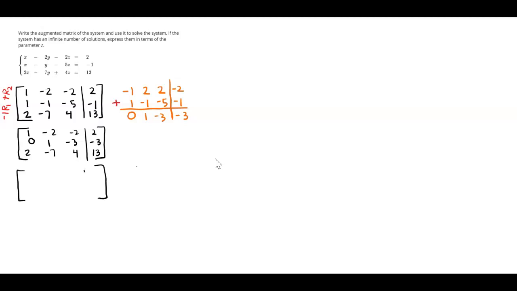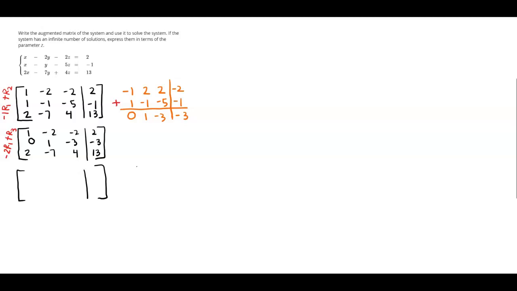All right, let's think about what I need to do here. So I'm going to take and multiply row 1 by a -2 so that when I add it to row 3, I get a 0. Right? So -2 times row 1 plus row 3. And so that means that only row 3 is changing.